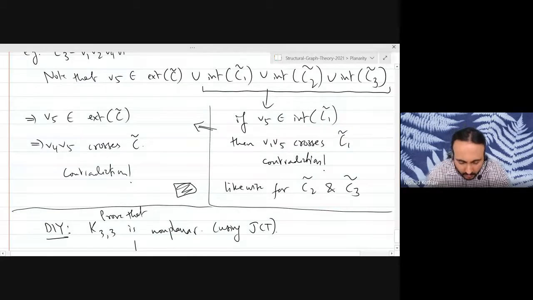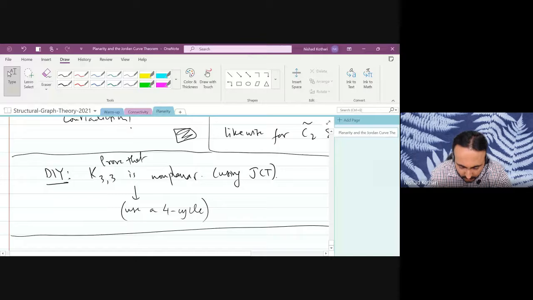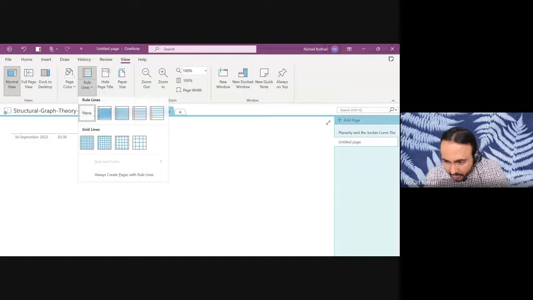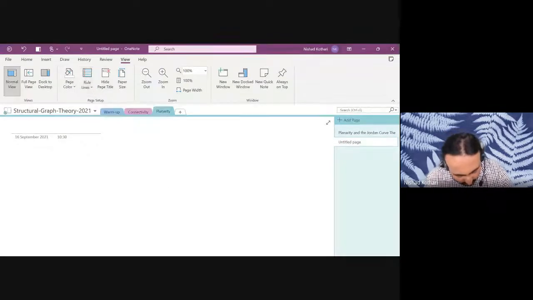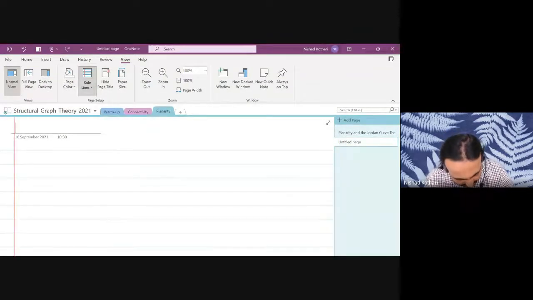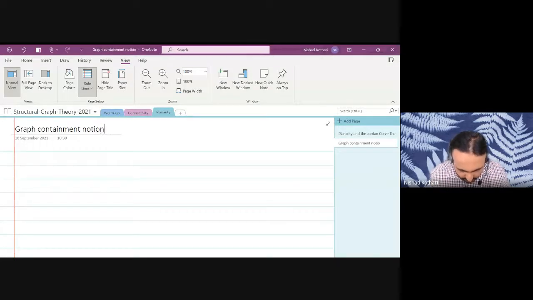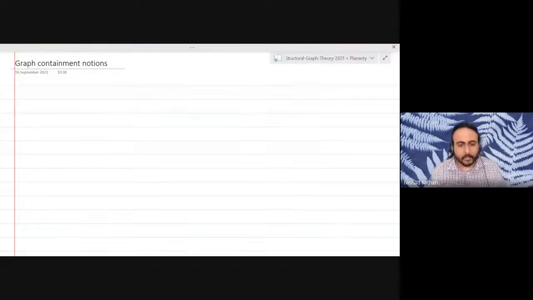If not, I want to switch to, let's see, how much time do we have? Okay. Let us talk about graph containment notions in the context of planarity. So what do I mean by graph containment?